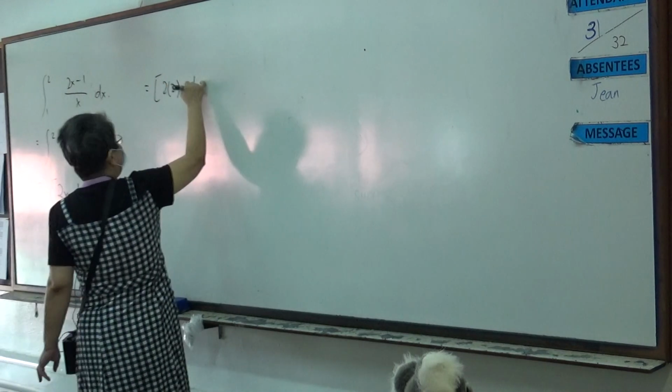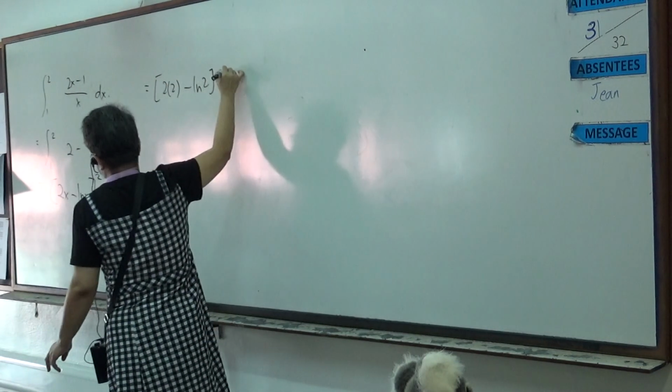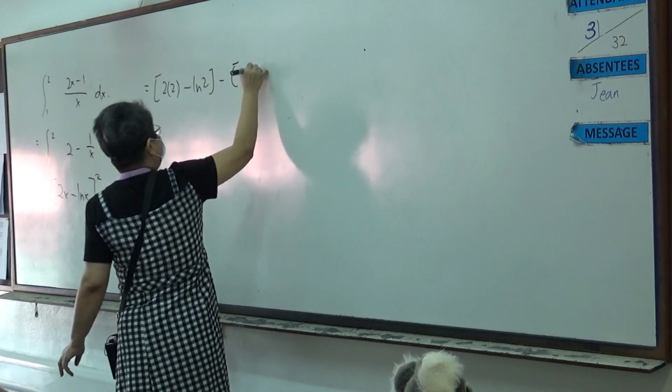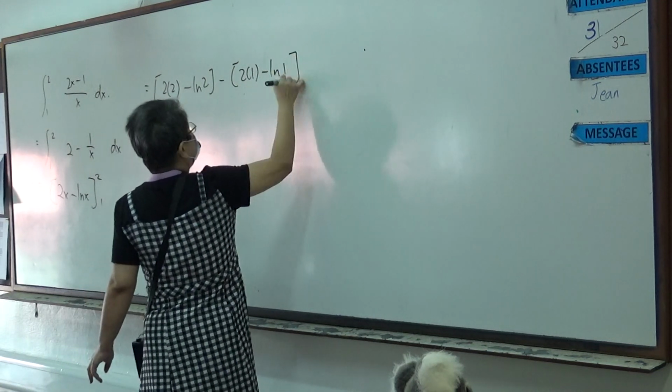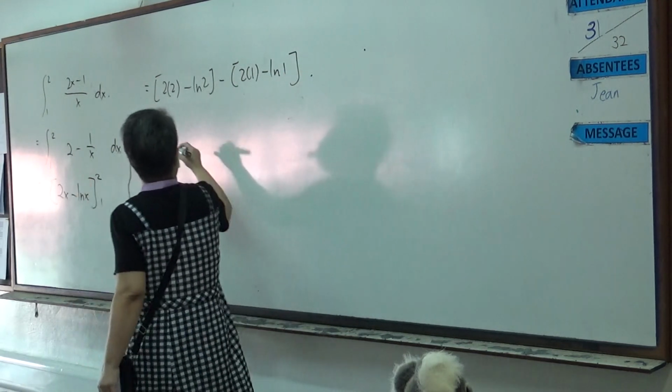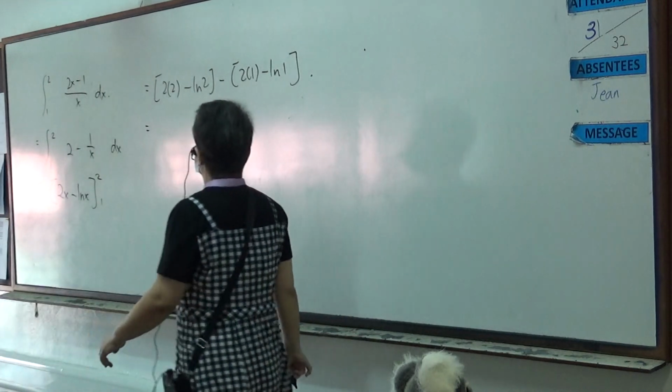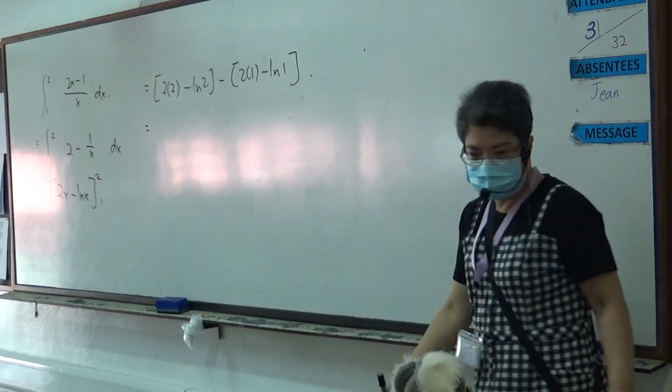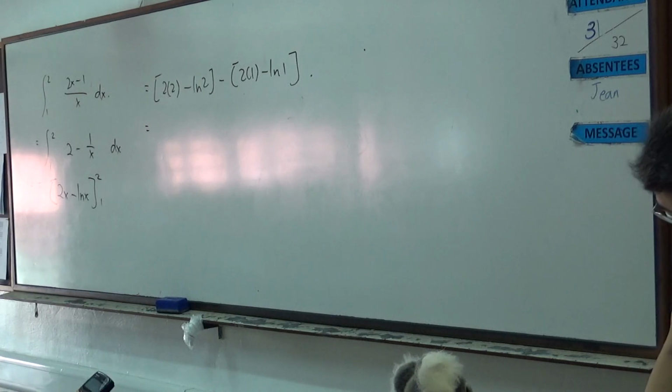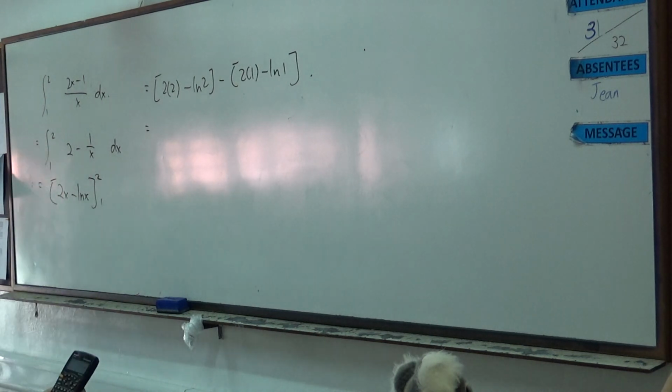2 times 2 minus ln 2, minus 2 times 1 minus ln 1. Okay, all of you key in straight. You can give me to 3 significant figures. Key in from the head first, then 3 significant figures.